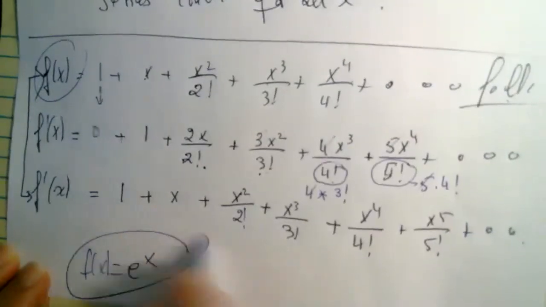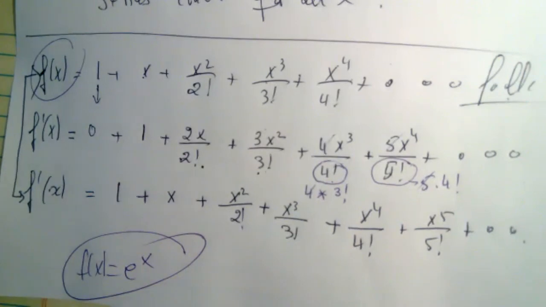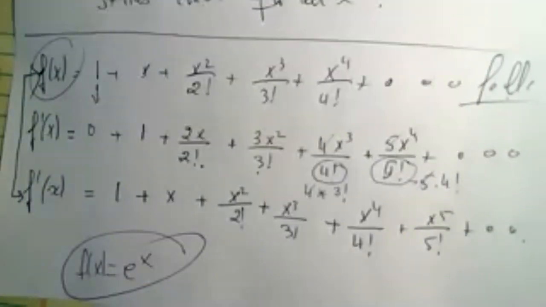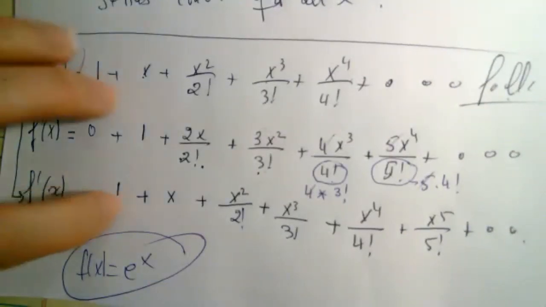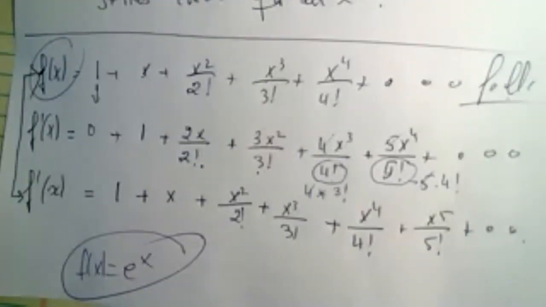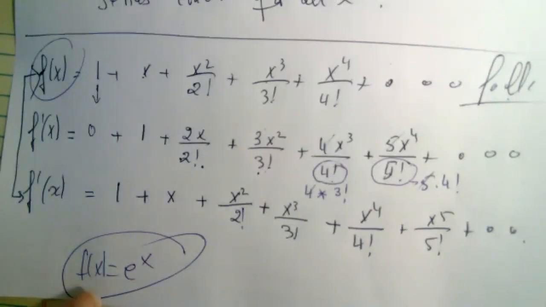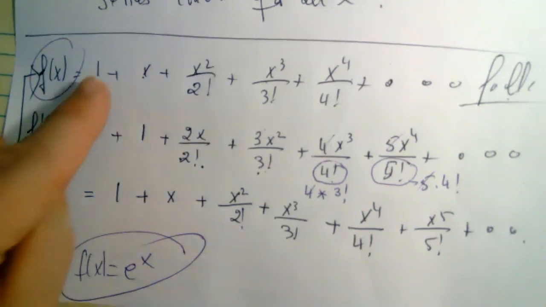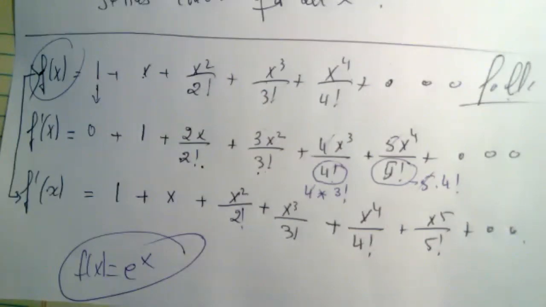It means this function here is going to be e to the x itself. This is the only function whose derivative equals the function. And now the power series shows that if I take f and f prime, they are exactly the same. Which function has this property? And e to the x is the only function. And what we're going to have to do is show that e to the x can be written as this power series itself.